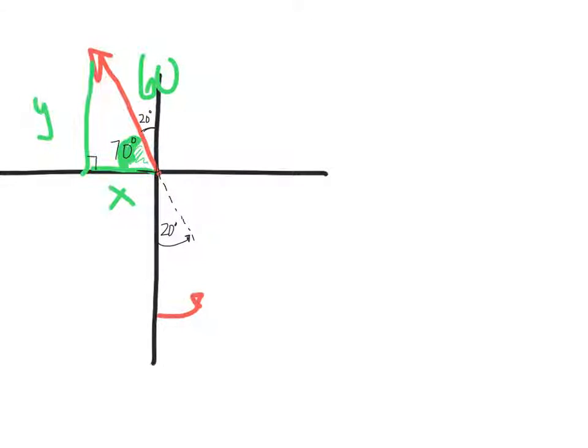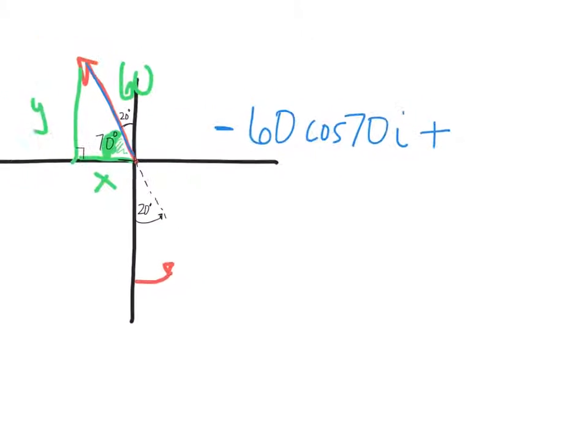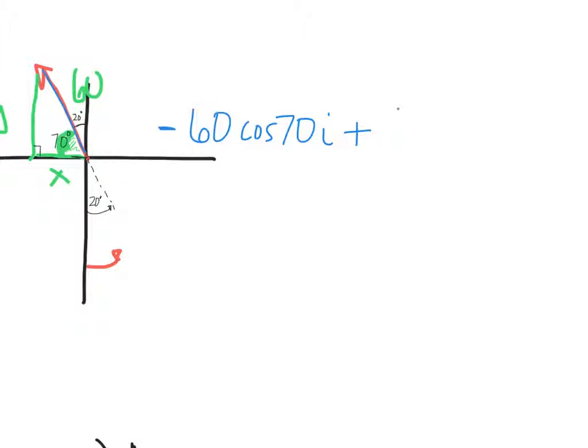So the wind is negative, right? The x is negative, so negative 60. Sorry, let me erase that. 60 is the magnitude, or the miles per hour here, 60 times the cosine of 70 i, plus, it's plus because in the second quadrant y is positive, 60 sine of 70 j.